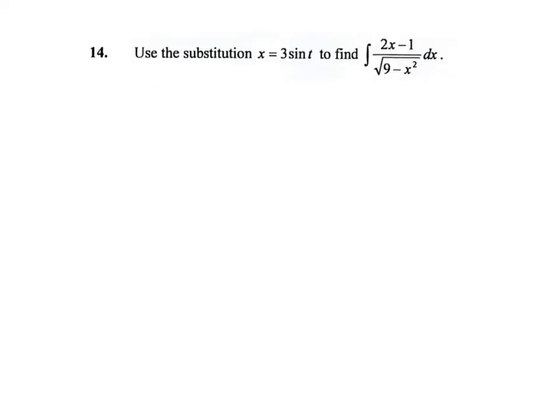So, first thing we can do is find dx by dt. Well, that's going to be 3 cos t. So dx then is 3 cos t dt.